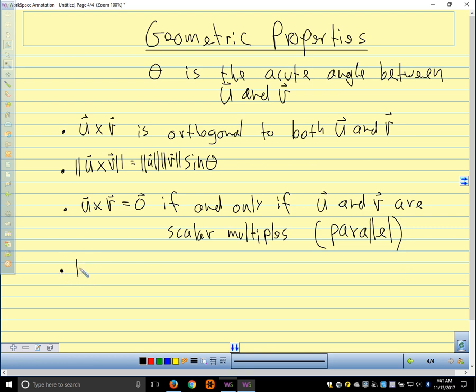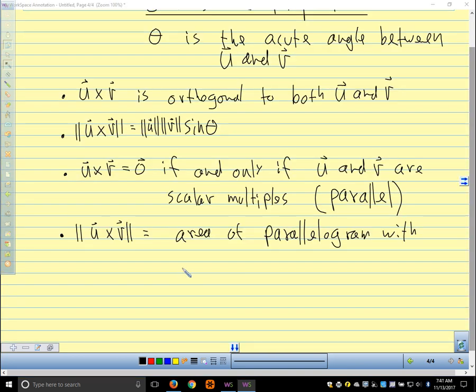This next one is another one that we will take advantage of quite a bit next semester. The magnitude of u cross v is the area of the parallelogram with u and v as adjacent sides.